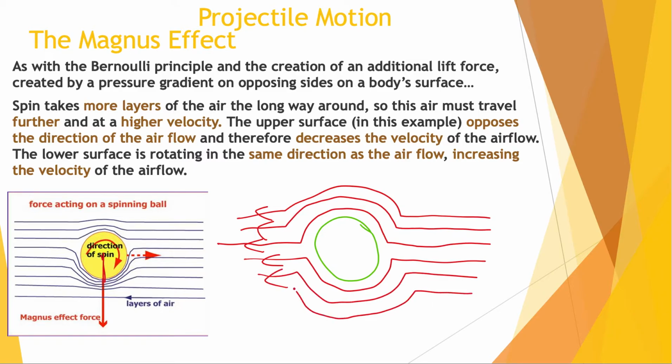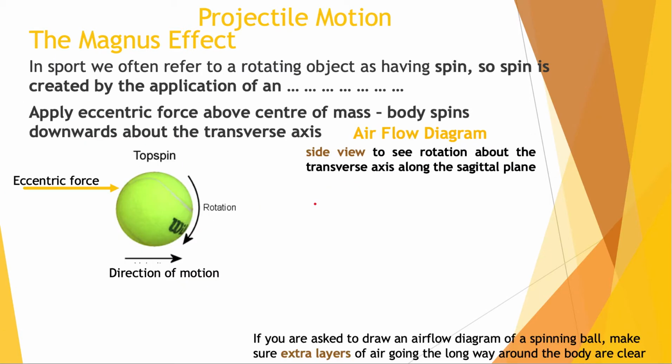This is no spin. So I've got similar distances between the airflow lines and the same amount of air travelling below and above. Okay, and that's not going to cause any deviation. We're not going to see any sort of Magnus effect there because there's no spin.